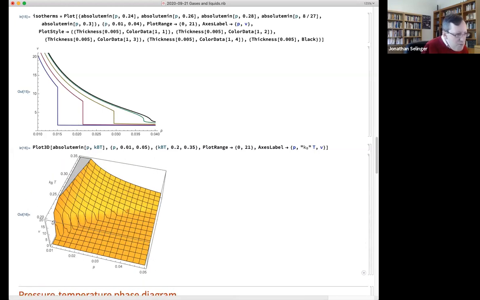But as we move up to higher temperature and higher pressure, the magnitude of the change, the difference between liquid and gas, gets smaller. At high temperature and pressure, there's still this boiling transition, but the liquid and gas are not so different from each other.